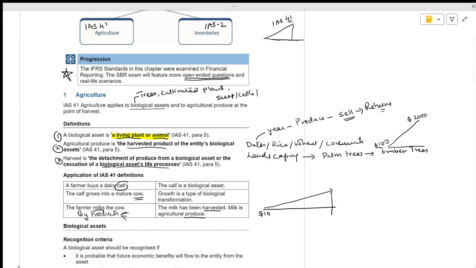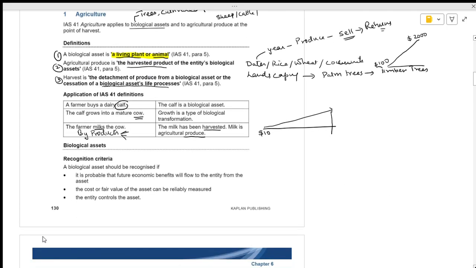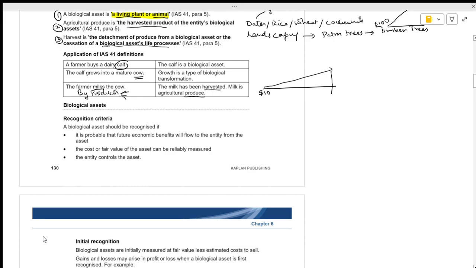Now, when we do this exercise, this is how we have to think in terms of accounting. How we have to have a recognition criteria. It is a recognition criteria that applies to the asset. How is it applying to the asset? It applies to other biological assets also, plus or minus some deviation.